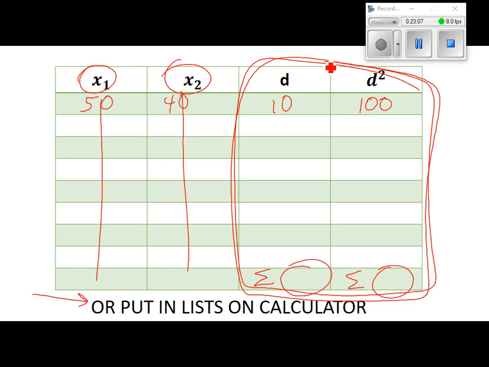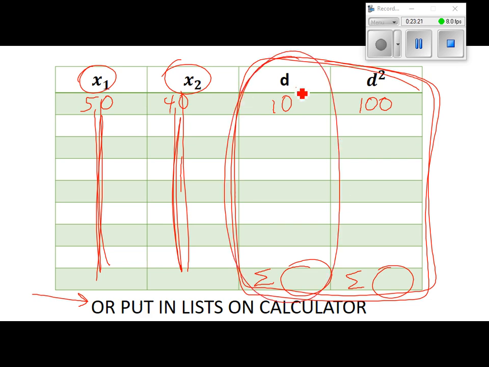Again, if they give you this list, type it into the calculator, put it in on your list, list 1, list 2. You could even put this in on your calculator. Remember we said you go to the title on your calculator and you put in L1 minus L2, hit enter, and it'll put it in there for you.